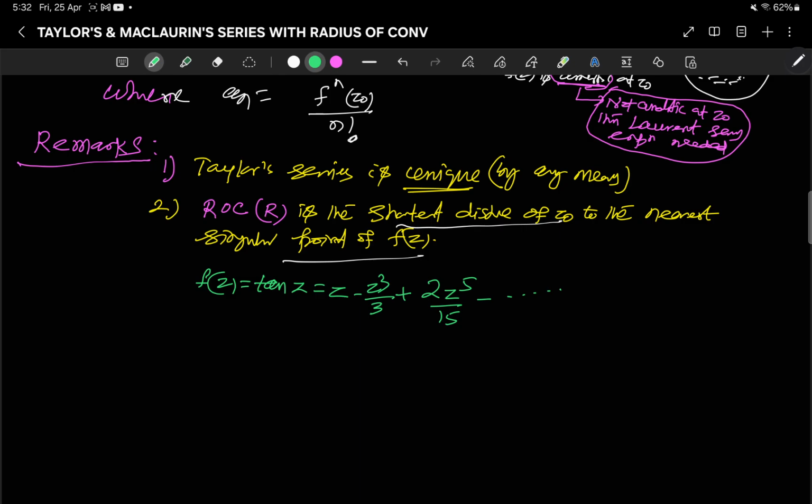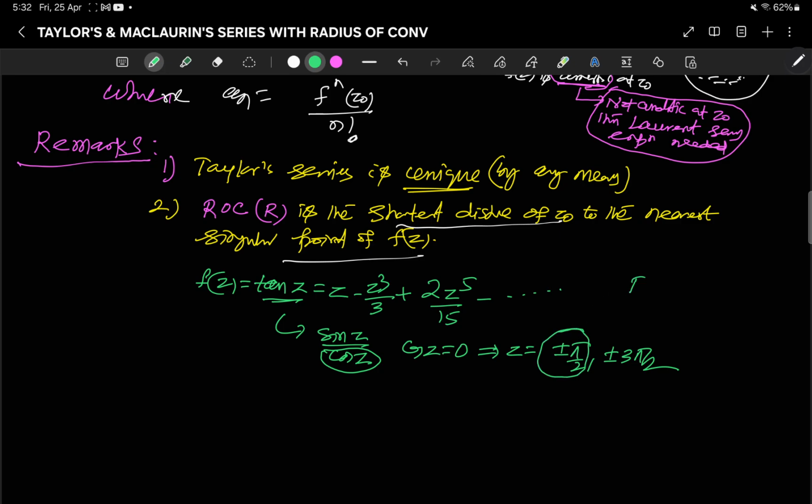Since I am not getting a pattern of a_n, tan z is sin z by cos z. It is not analytic when the denominator is 0. So cos z = 0 implies z = plus or minus pi by 2, plus or minus 3 pi by 2. So this is the shortest distance here. So R is pi by 2, because you are taking the absolute value, right? So R is pi by 2, the radius of convergence. So I can write |z| is less than pi by 2.